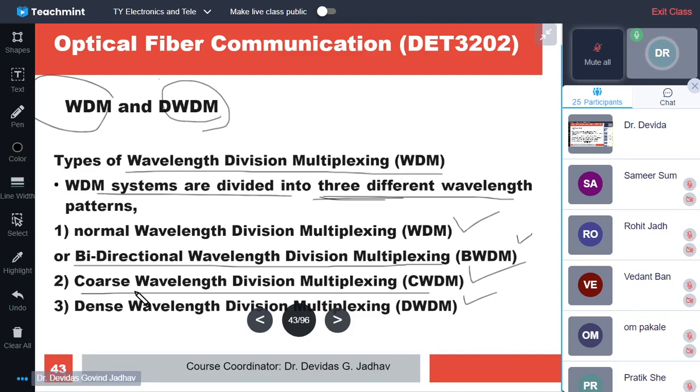If multiple wavelengths are already propagating in the same fiber, it is increasing the bandwidth by a large amount. Again, further, within the same wavelength, there are multiple wavelengths, 1 to n. Within each wavelength, there may be creation of channels by some techniques, and that leads to coarse wavelength division multiplexing and dense wavelength division multiplexing.